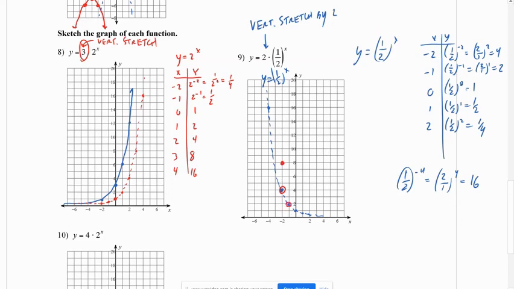If I take this point and double the y value, it goes to 4. If I take this point and double the y value, it goes to 2. 1/2 goes to the 1. 1/4 goes to 1/2, and so on. And so our final graph then looks like this.